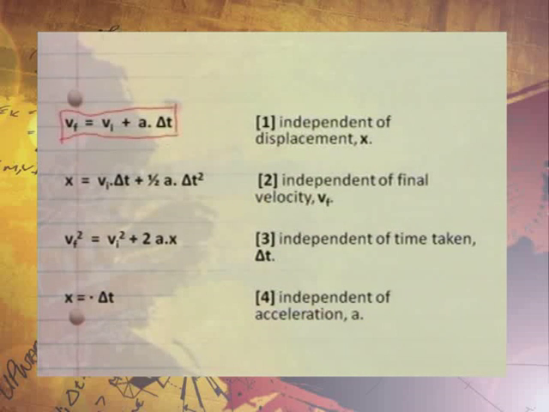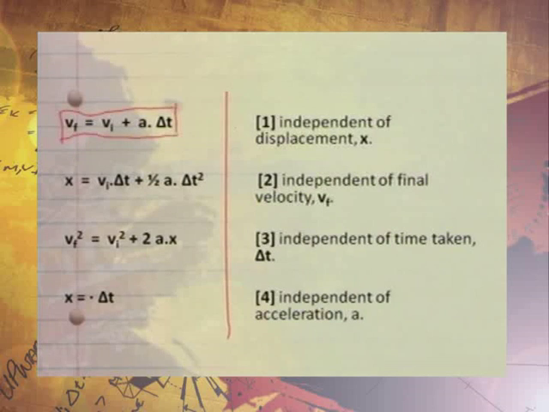Now you must note that these are equations of motion that we use to solve problems related to motion. And every time a question is given to you, it will be in such a way that one quantity is not there. So you'll have to look for it. But the equations themselves, on the other hand, are given independent of one of the quantities.